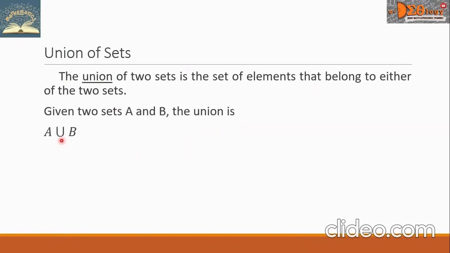This U here is the symbol for union. So we read this as A union B. And the elements of A union B are the variable x, such that x is an element of set A or x is an element of set B.